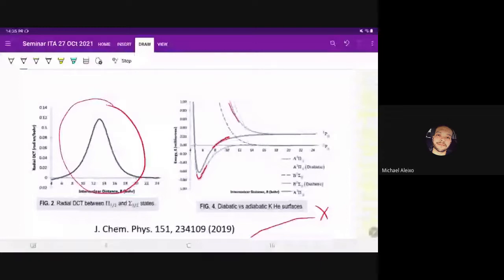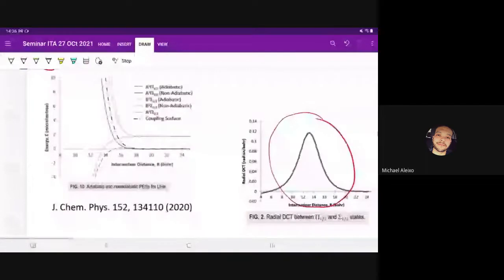It doesn't mix. But what we get is that the pi 1/2 down here, it shifts and it starts to look like this. And I got this one mixed up here. This one was the original one, and it is shifting down just a little bit to this new one. So we see these shifts in the potential energy surfaces as we take into account the derivative coupling terms.